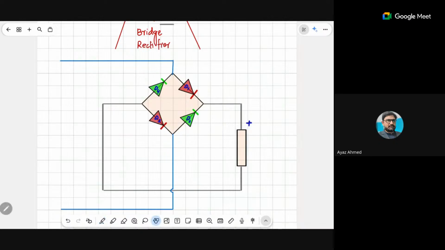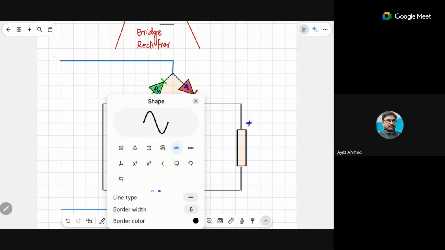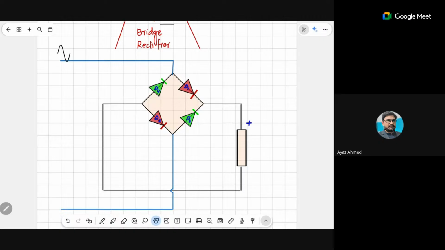once you see that there is a positive half cycle available at the input, here there is a positive half cycle. Actually there is an input terminal like this. The input terminal is connected with an alternating power supply. Beta, the alternating power supply means there is a power supply, and that power supply has two terminals.